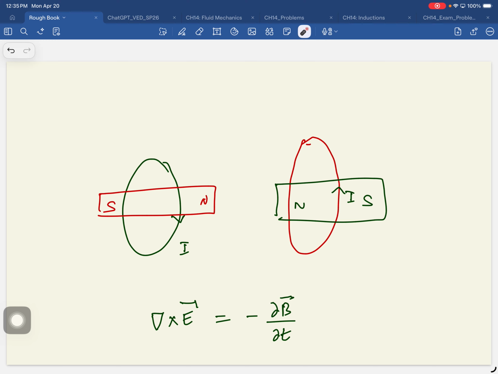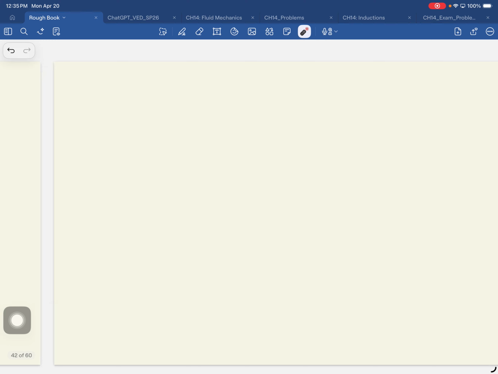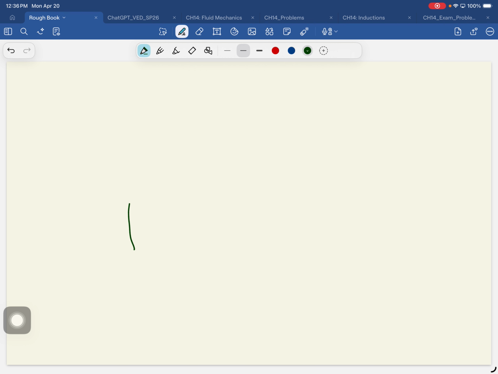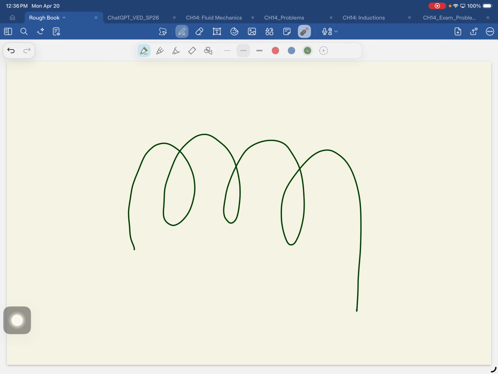And so what happens is, if you take a coil of wire, this is a solenoid, and if you increase the current in this solenoid, the first ring will induce an EMF in the second ring, inducing a current in the second ring in the opposite direction.